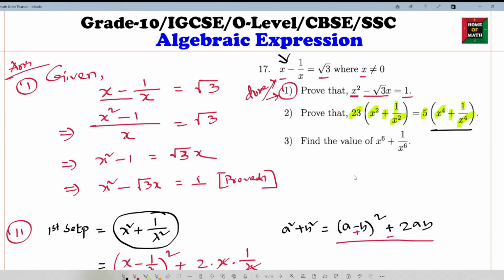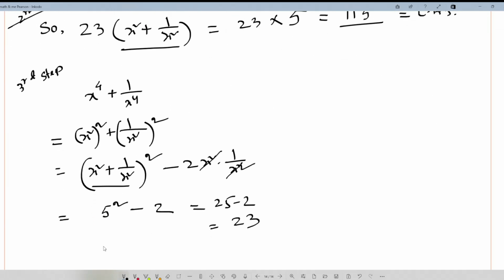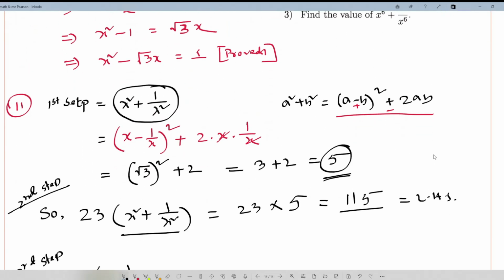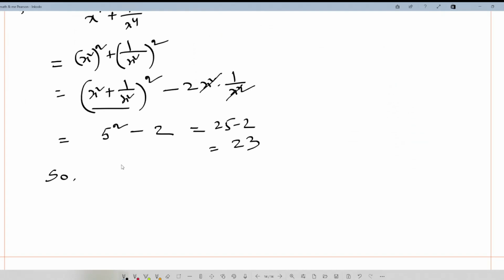Okay, so here is 5 times x to the power 4 plus 1 by x to the power 4 equals 5 times 23. So this one also same thing: 5 times 3 is 15, 5 times 2 is 10, and plus 1 it will be 115.